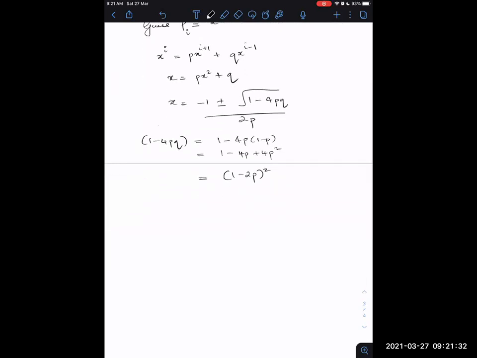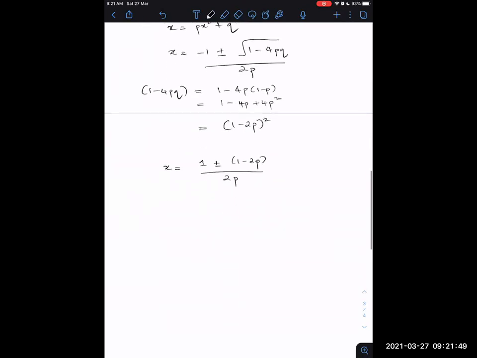So what we get is x equal to, let's not directly run, let's just see, 1 plus or minus (1 minus 2p) over 2p. If you solve for this, what you're going to get is q by p, which is just (1 minus p) over p, and 1.